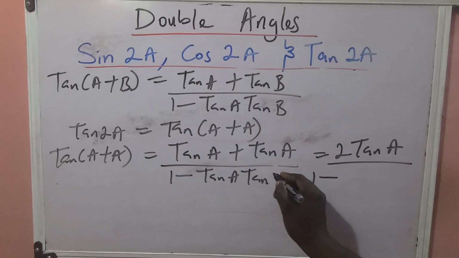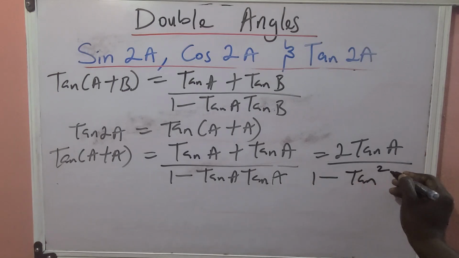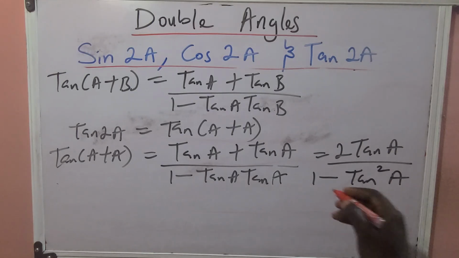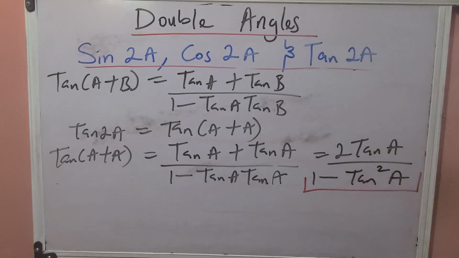We are having tan A. This will be tan A times tan A, which is tan square A. And this brings me to the final conclusion on our double angle. So we are having tan 2A given as 2 tan A over 1 minus tan square A. So that's going to be the solution for the 3 different double angles: sine 2A, cos 2A, and tan 2A.